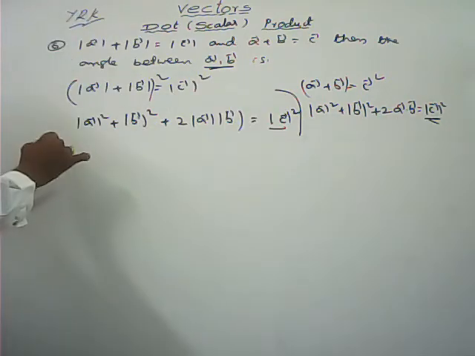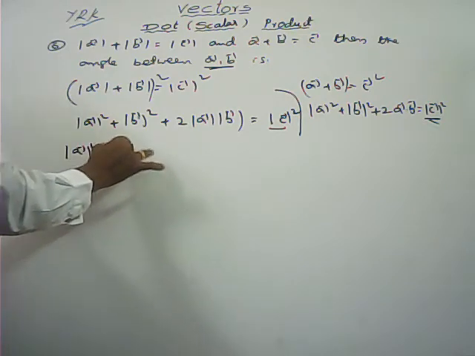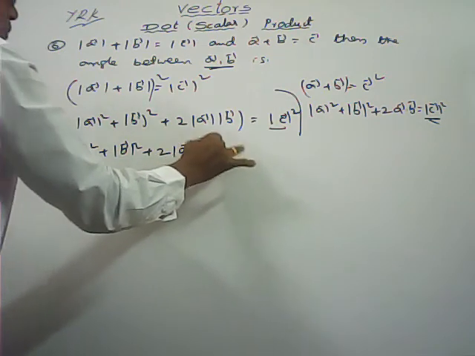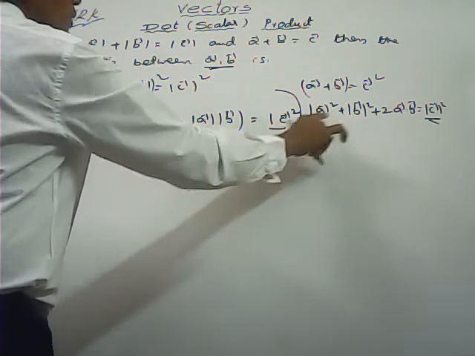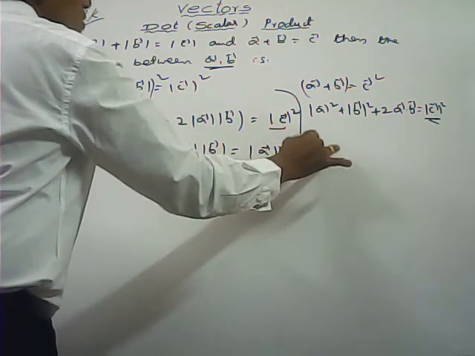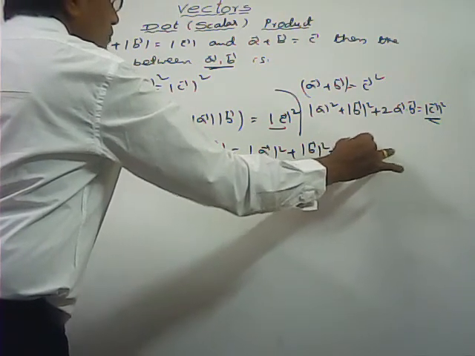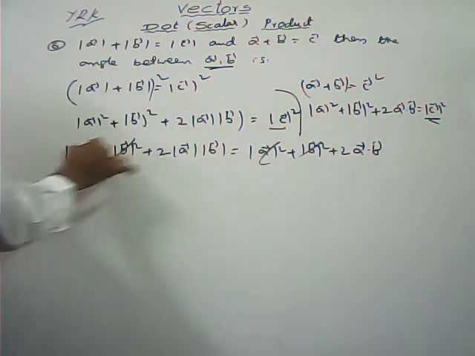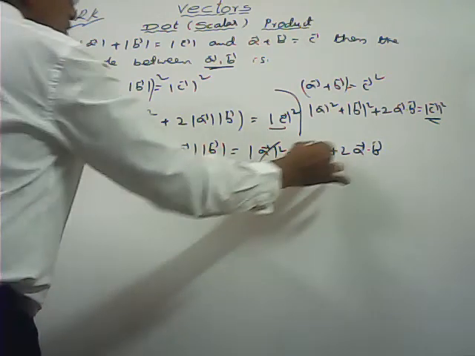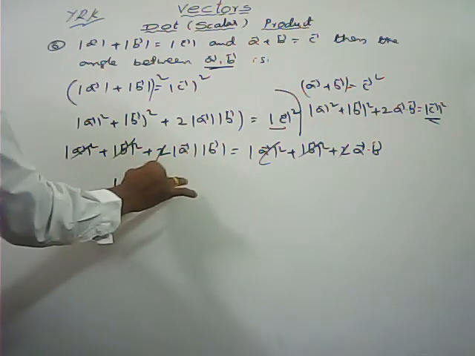If I eliminate that one, modulus of A bar square plus modulus of B bar square plus 2 into modulus of A bar into modulus of B bar, that is equal to, in this place we can write modulus of A bar square plus modulus of B bar square plus 2 into A bar dot B bar. So, here these two get cancelled. Here 2, after that we can cancel 2 also. Here modulus of A bar into modulus of B bar is there.